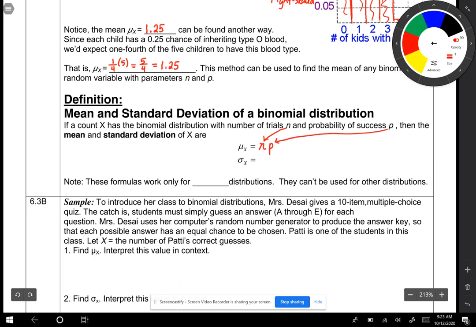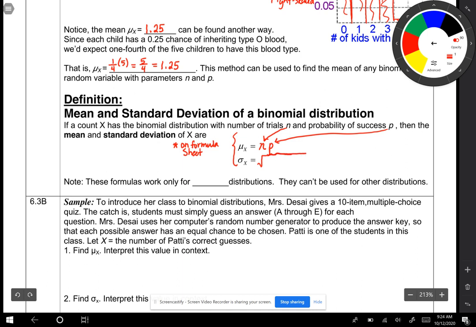And that works for any binomial distribution. Both of these are on your formula sheet. And the new formula sheet actually says it's for a binomial distribution. It used to not say that, but it does now. So that's great.